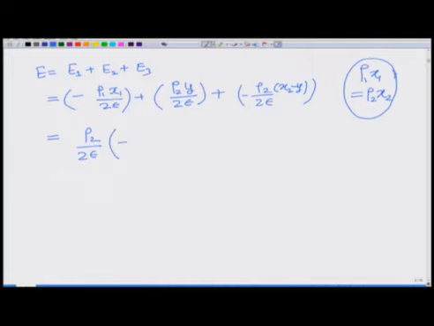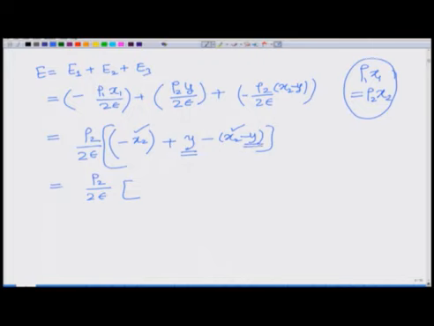Then it is minus x2 here, and plus y and minus x2 and minus y, which is equal to rho 2 over 2 epsilon times minus 2 times x2 plus 2 times y.